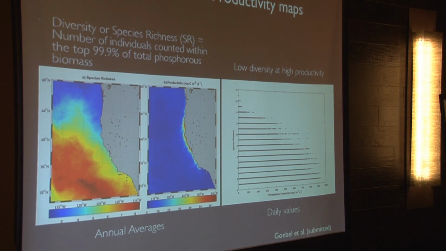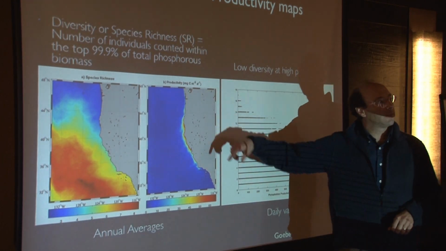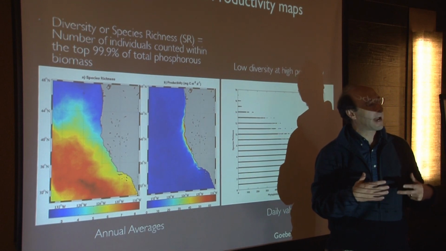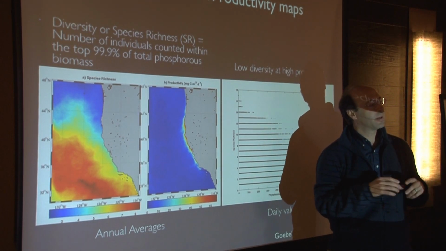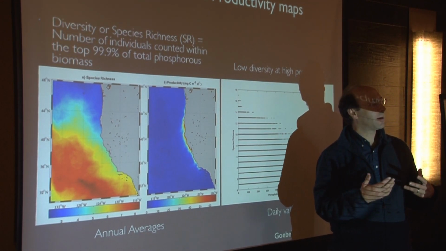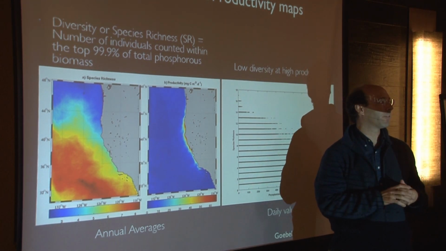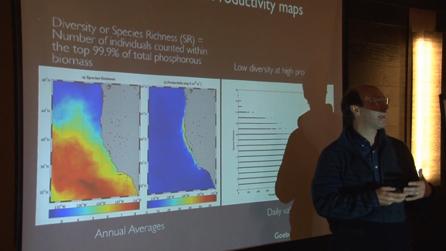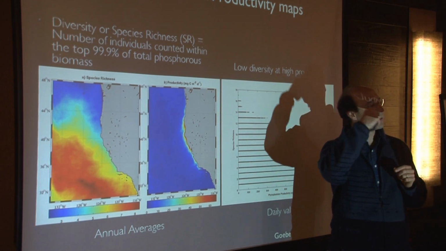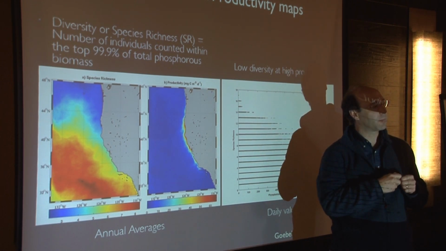We find even in the coastal environments, although they're dominated by our model diatoms, other smaller organisms are there at varying levels. In terms of the biodiversity, our definition of it has to do with the top 99.9% of the biomass.